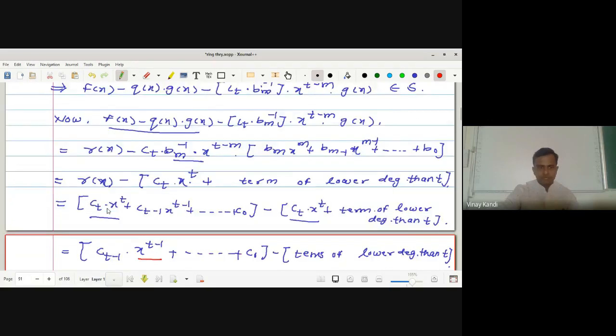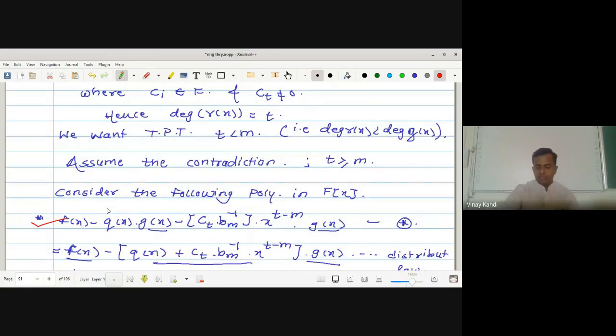Due to the fact of r of x is the polynomial in S of minimal degree.